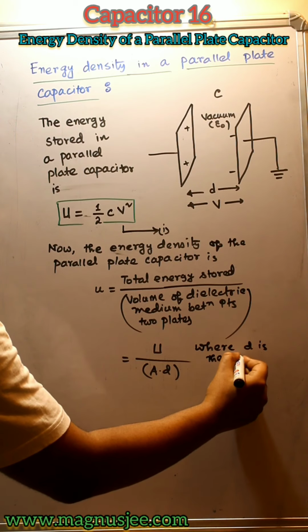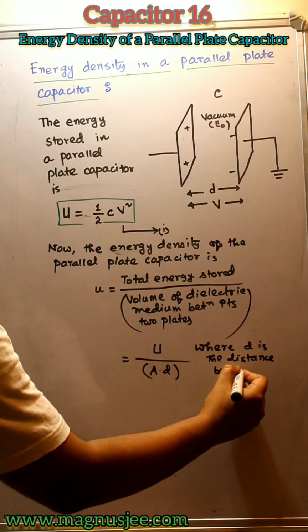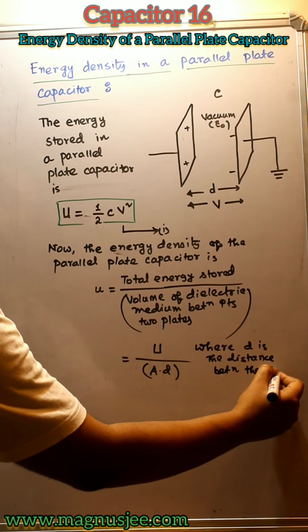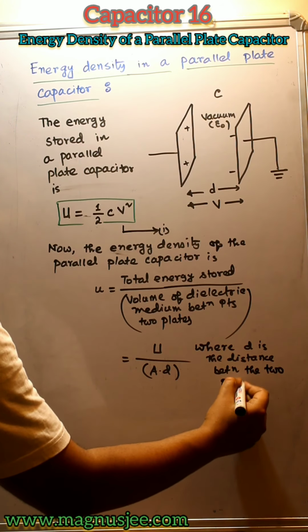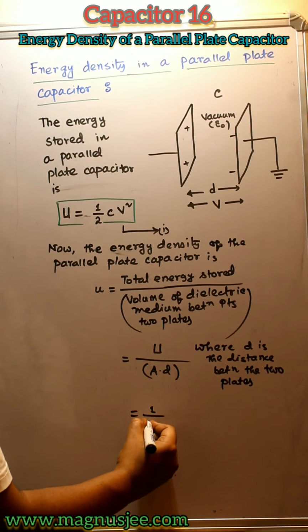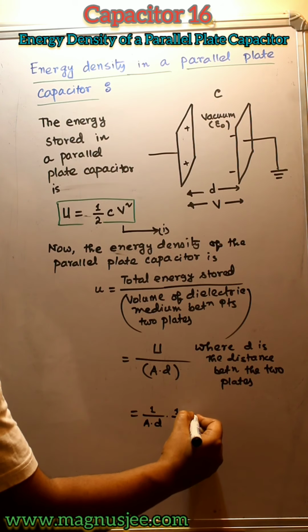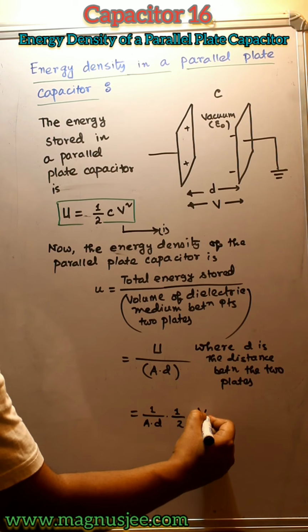So u equals 1 by AD into half CV square.